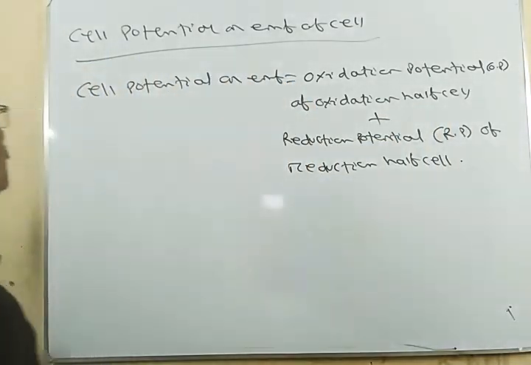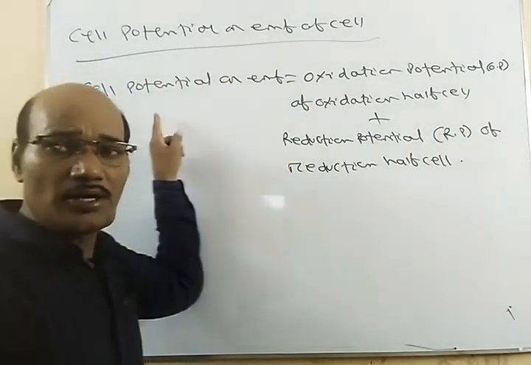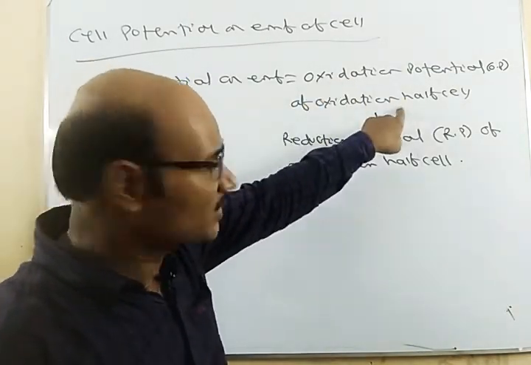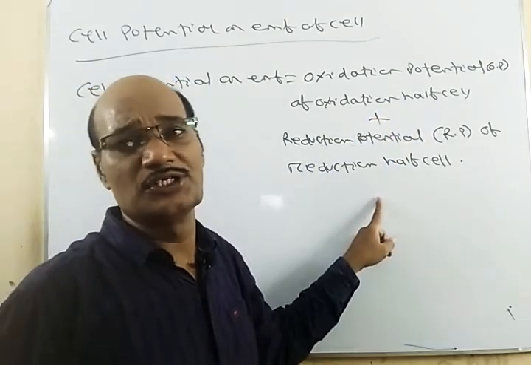Okay, so cell potential or EMF is the oxidation potential of the oxidation half cell and the reduction potential of the reduction half cell.